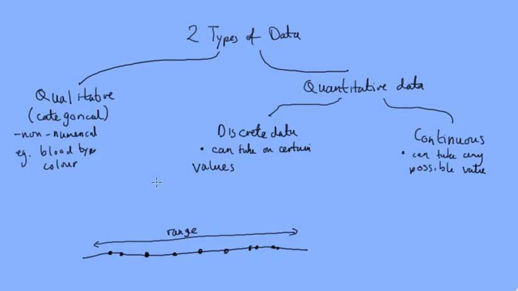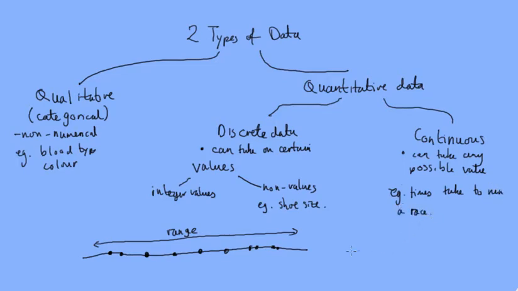That doesn't mean to say that discrete data can't take non-integer values. So discrete data can be integer values or non-integer values, for example, shoe size. An example of continuous data would be the times taken to run a race.